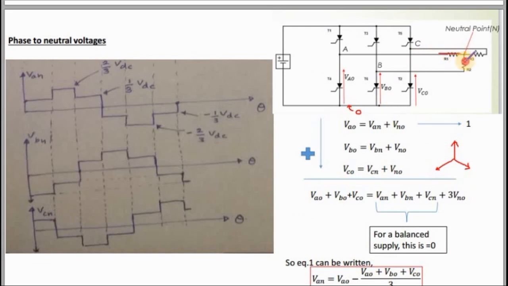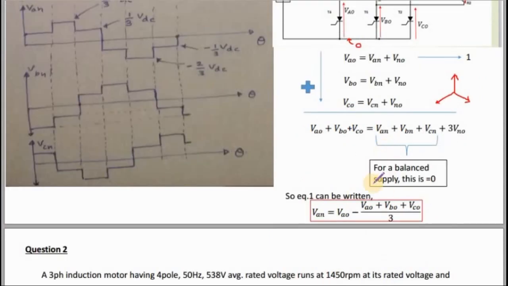VAN plus VBN plus VCN is 0. Then you can write VNO is equal to VAO plus VBO plus VCO divided by 3.